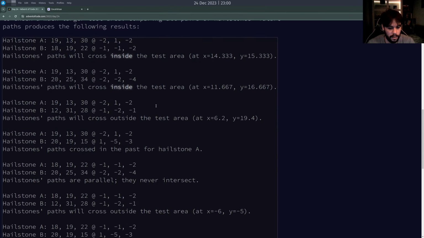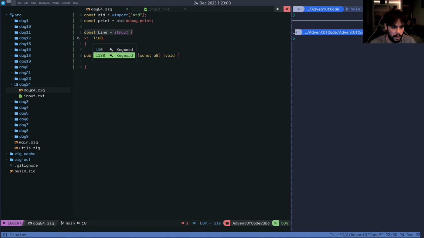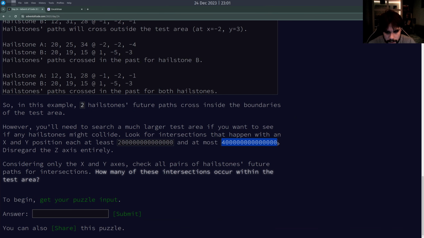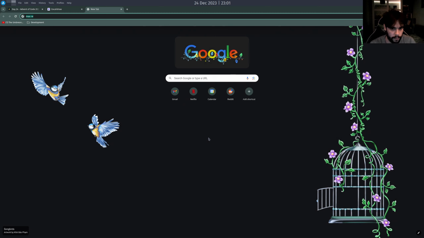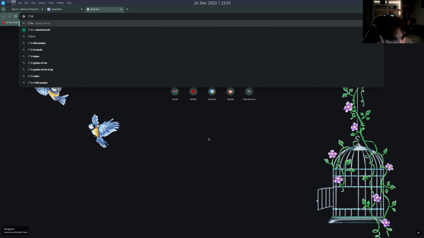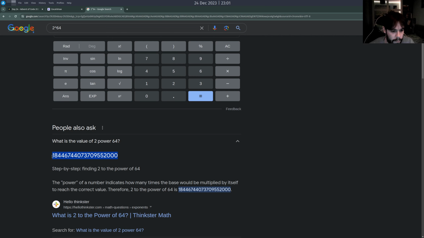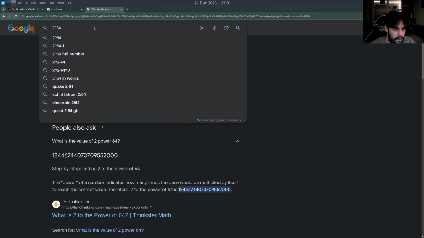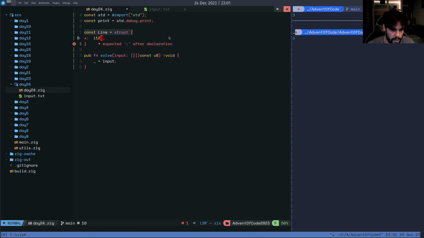No, this is huge. Max is 2 to the power of 64, and that looks smaller than that. So the i128s will be sufficient.